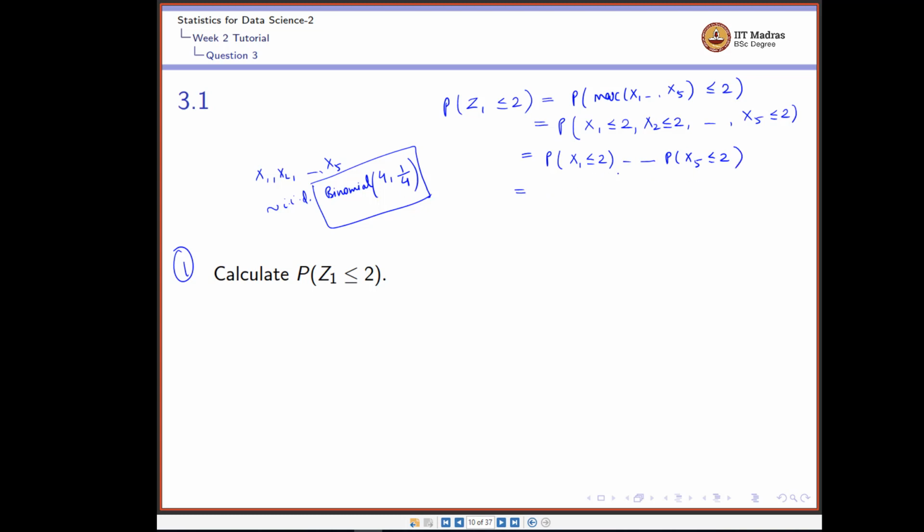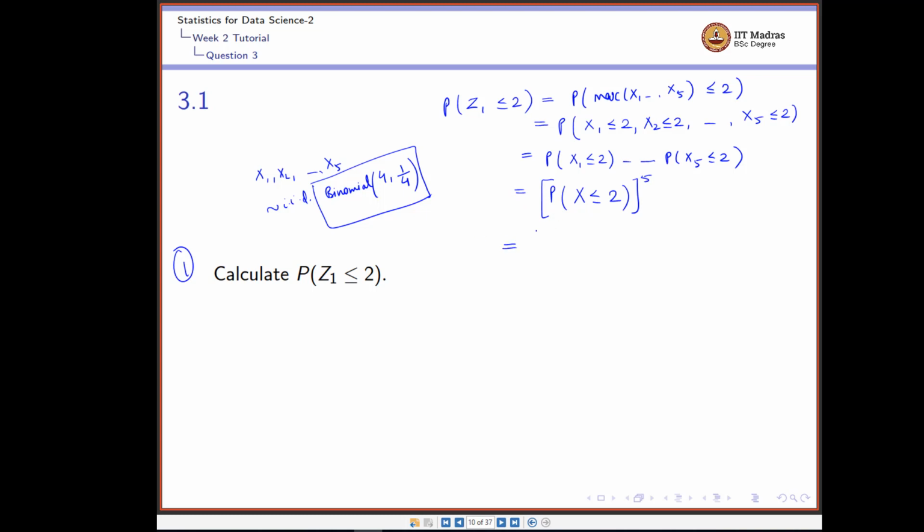Since each of these Xi's are IID Binomial(4, 1/4), we can write this as the probability X less than or equal to 2, to the power 5. Now what is X? X is Binomial(4, 1/4).